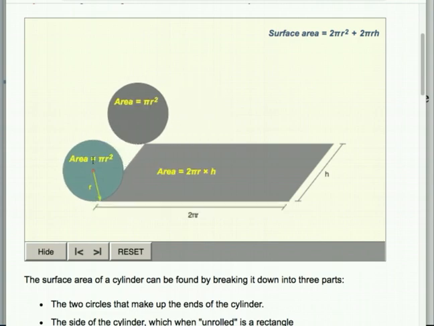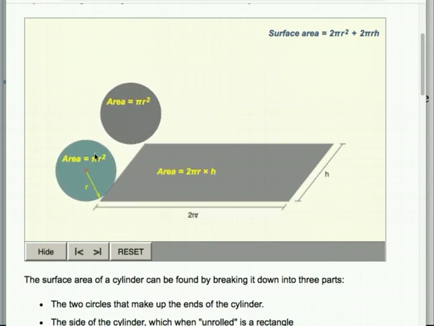If I unroll it, I have, in terms of wrapping paper, two circles, 2 pi r squared. That's where the 2 pi r squared comes from. And then for the lateral area around the middle of the shape, it's really a rectangle where the base is 2 pi r, the circumference of one circle, and then times h, the height of the cylinder, to get the full rectangle area. And that's where the 2 pi r h part of the formula comes from.